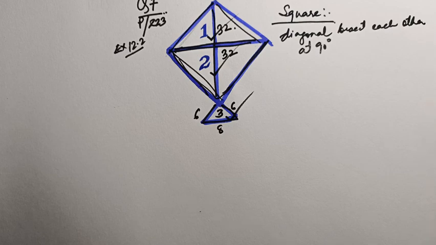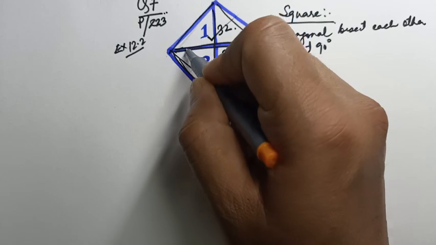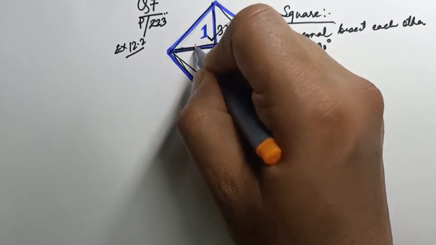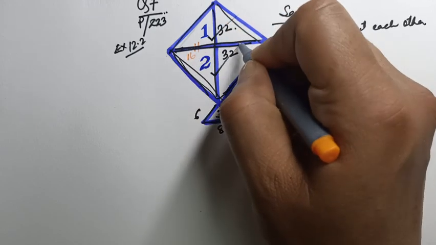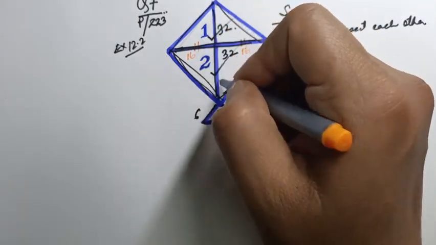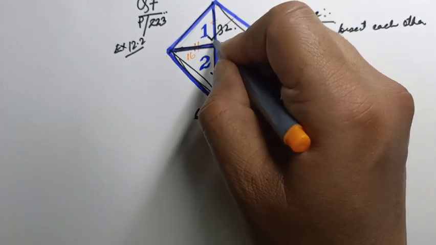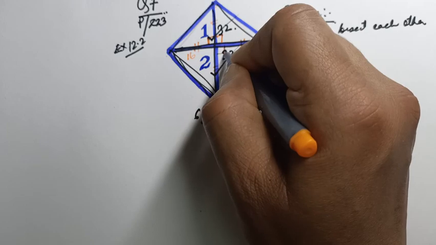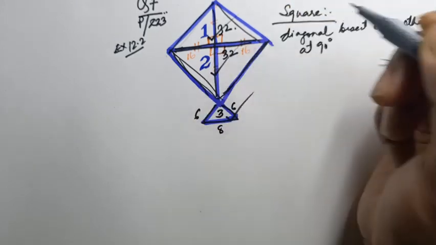If the diagonal is bisecting each other at 90 degrees, that means this is 32. So if it bisects, half of it will be 16, and this half will be 16. And same thing on the other side, 16, 16. Bisecting at 90 degrees, so this angle would be 90 degrees.